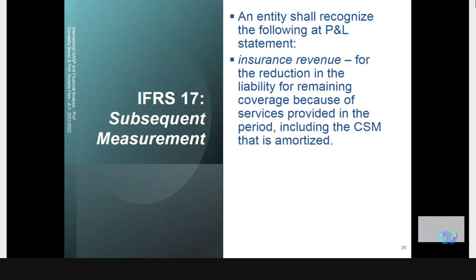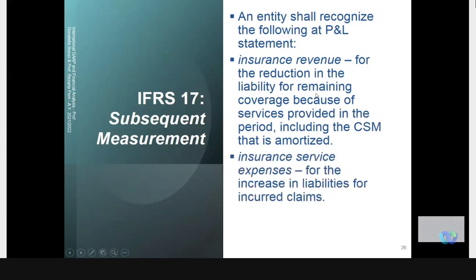But the insurance contracts do not only have revenues, they also have expenses. The first item of expenses is insurance service expenses. As the name implies, this happens usually if we have an increase in liabilities for incurred claims.